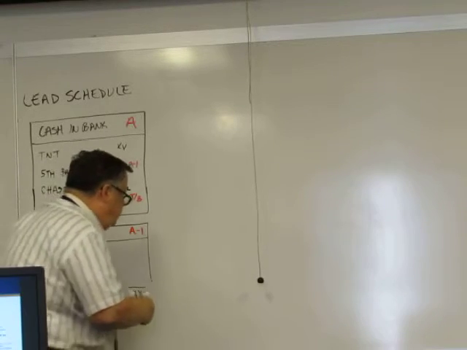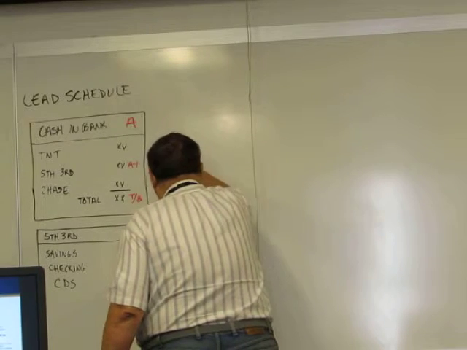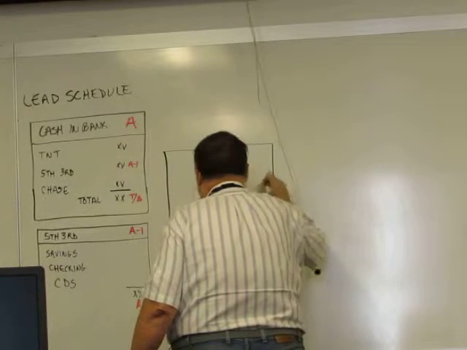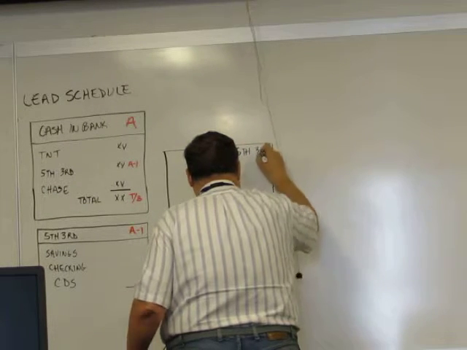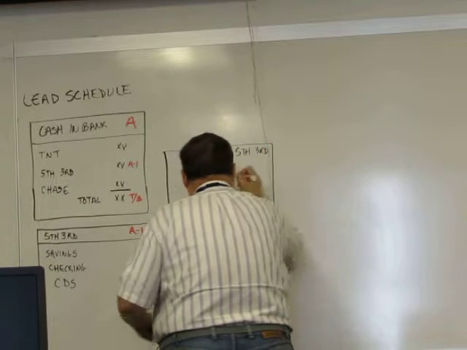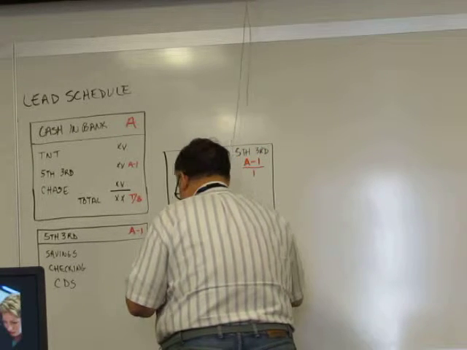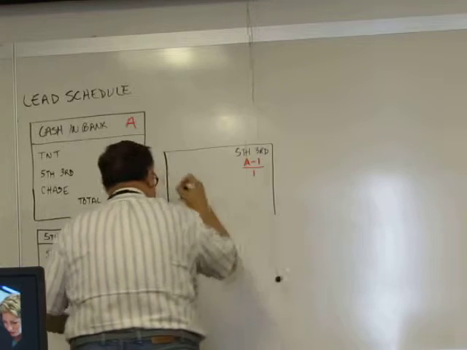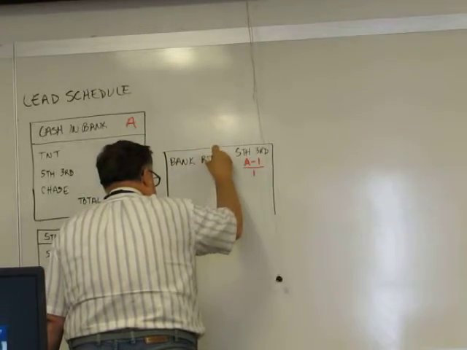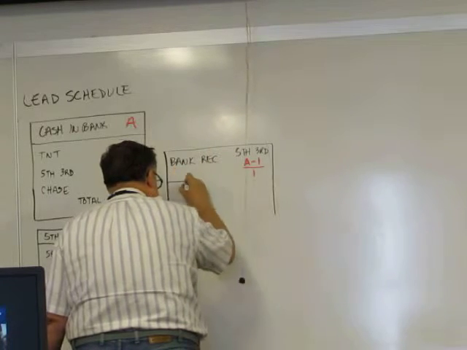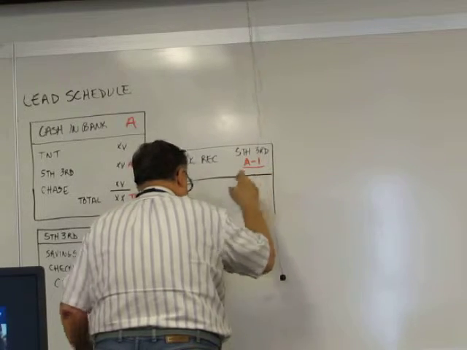But then we might have something else. For example, let's say we're going to have another for Fifth Third, and let's call this A-1 over 1. What we might have for that is the bank reconciliation, and the work that we've done for the bank reconciliation for that particular account.